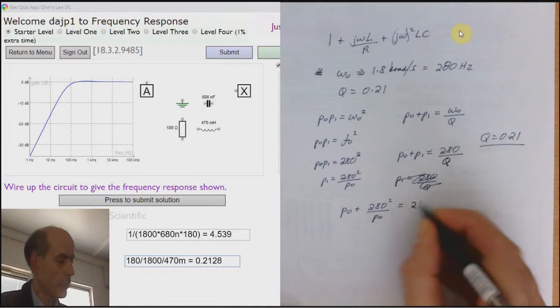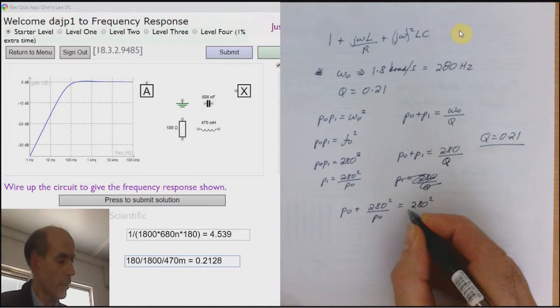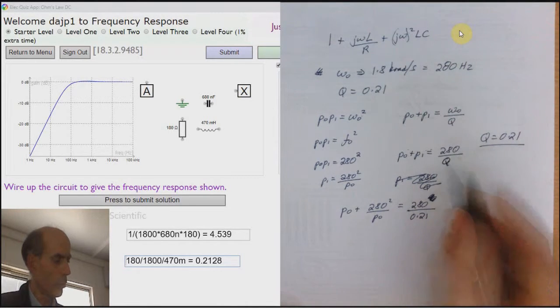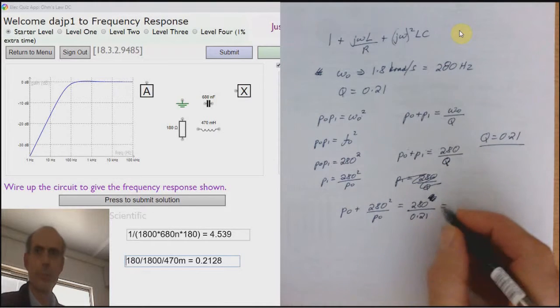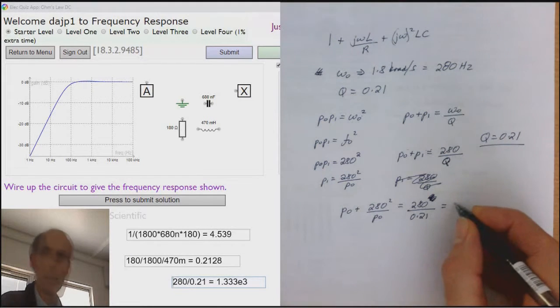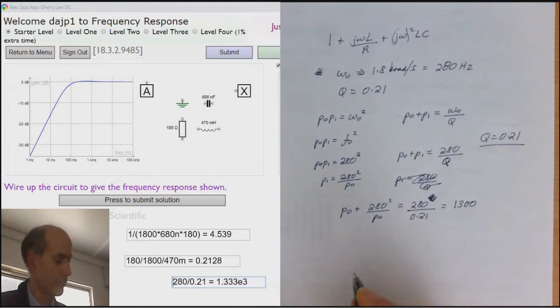So that would be 280 divided by 0.21, call it 1300, near enough.